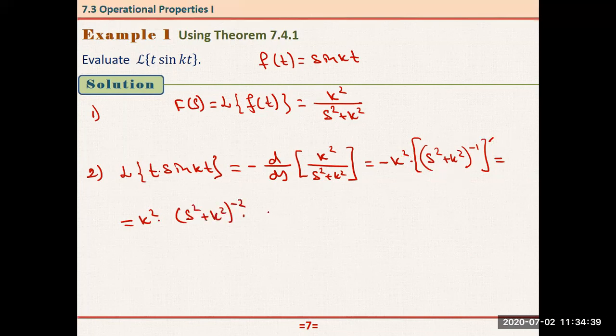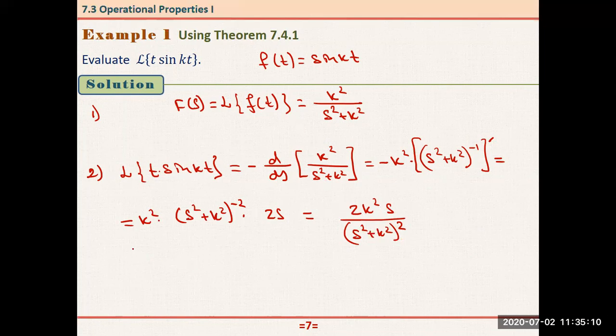Differentiate the inside, that is 2s. So what we have here then is equal to 2k squared s over s squared plus k squared, all squared. All right. So if you're given this, as you see here, finding its inverse is not easy, right? So using this information, we can evaluate this.